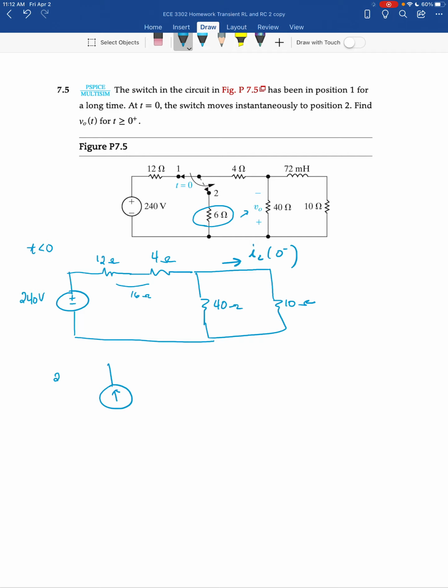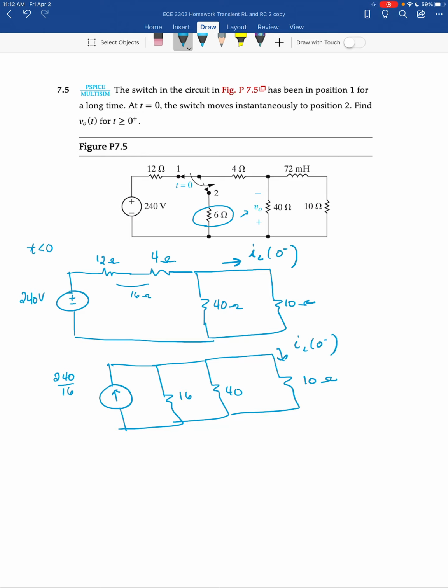Then we can do a source transformation. This will be 240 over 16. And then we'll have our 16 ohms in parallel, our 40 ohms in parallel here, and our 10 ohms here. And remember, this is the current we want, the current at 0 minus.